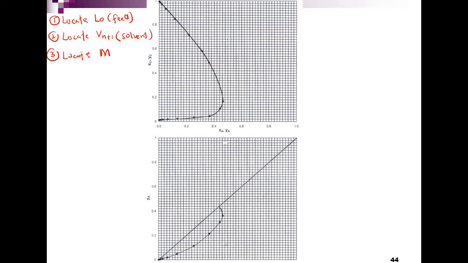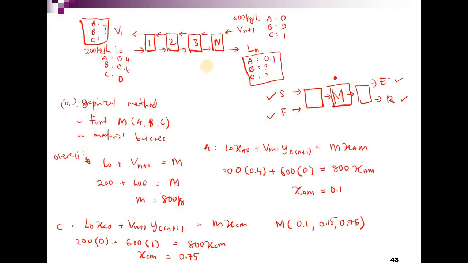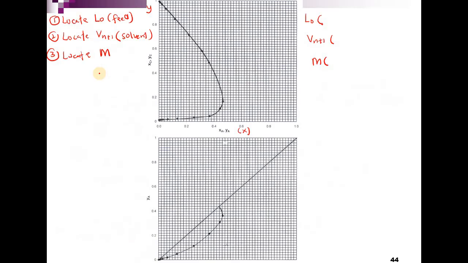This is a right triangular diagram, so we only consider components A and C, with A at the x-axis and C at the y-axis. For L0 and Vn+1, we only take the coordinates for A and C. For L0, A is 0.4, C is 0, so you put 0.4 and 0.